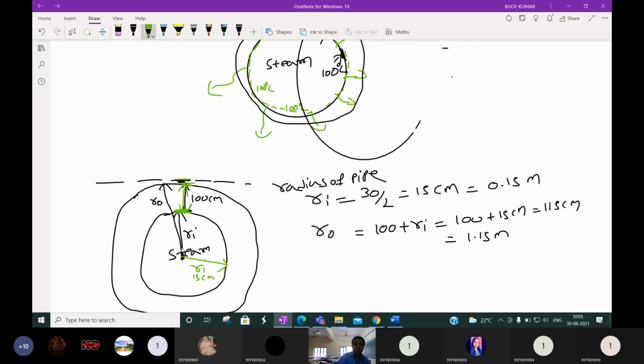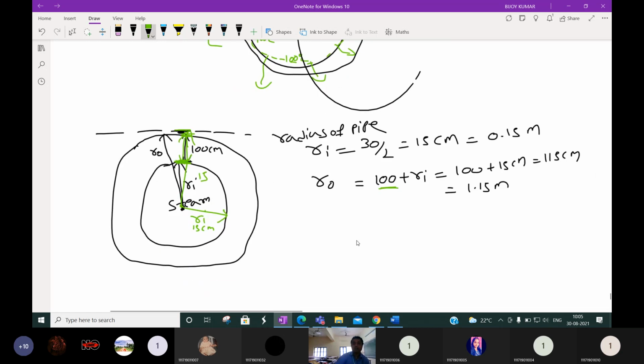So what will be the outer radius? It will be 100 plus Ri. Ri is 15 centimeter, so 100 plus 15, total 115 centimeter or 1.15 meter.